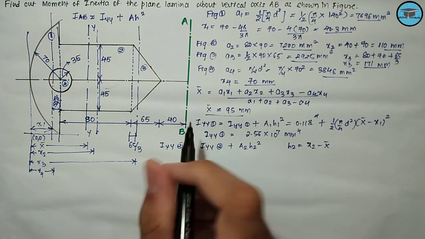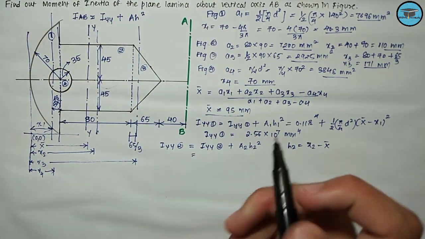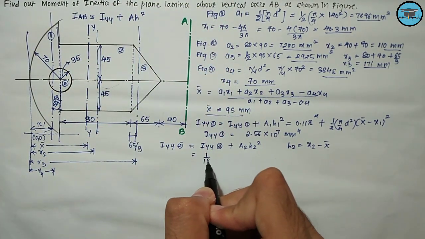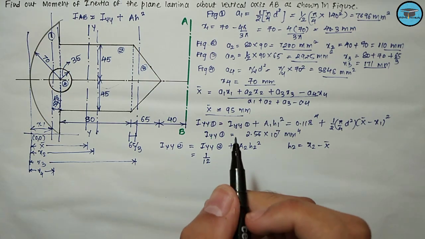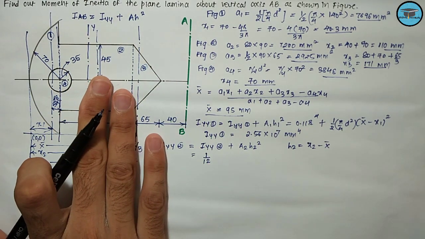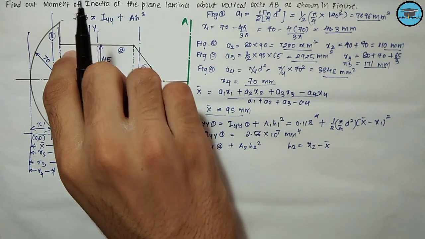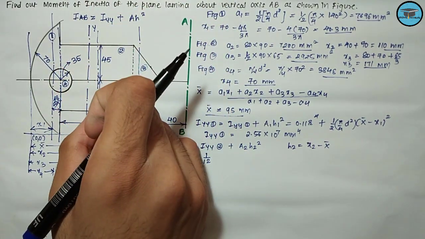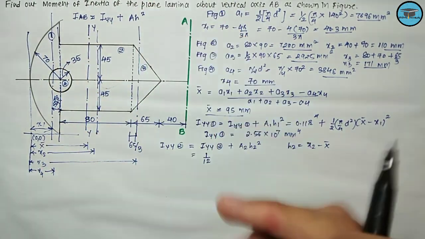So Iyy2, the moment of inertia about this axis, can be given as 1 by 12 bd cube. Here b is the parallel dimension we need to consider, since about this axis we need to determine the moment of inertia. So the parallel dimension will be 90 mm.